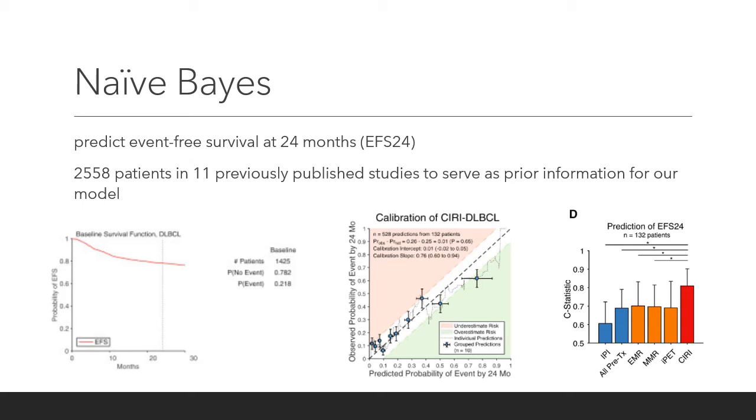That is the prior for the naive Bayes, and then we update it with many factors used in this model, including IPI, ctDNA, or PET scan during or after treatment. And then you can see the calibration and discrimination on the middle and the right graph.